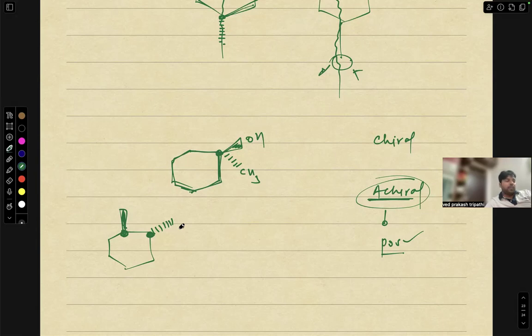Please tell me. No, they don't have a plane of symmetry, okay? So this compound is chiral. And if there is no chiral center, then achiral. Clear? In group session, I will discuss more about it in the form of questions, okay? So I would like to give you another one.